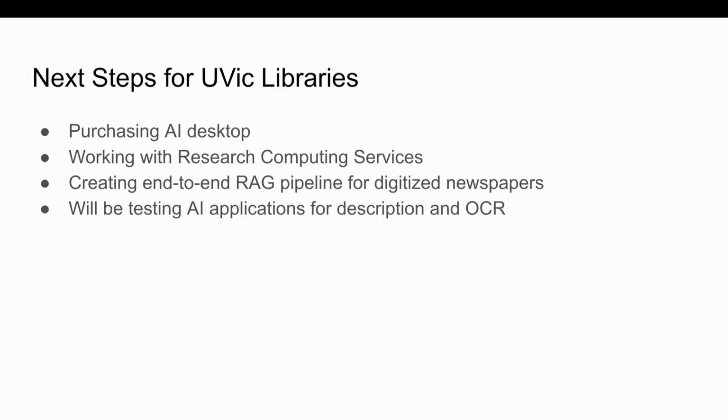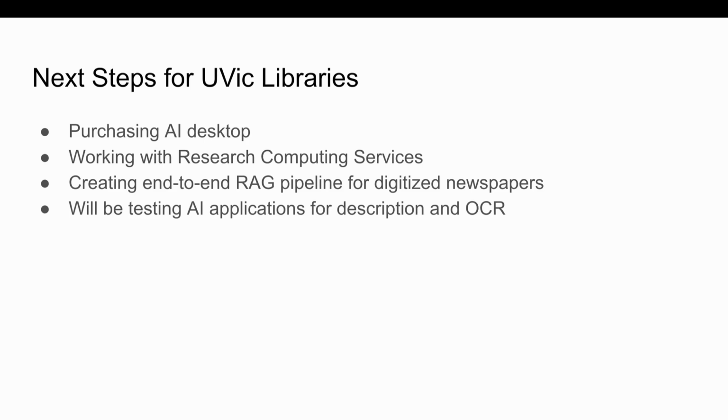We are also working with our research computing services to potentially run some of the models locally on their GPU-enabled hardware. So our machine would be used for the data cleaning, text extraction, embedding, and the vector store. But running the really big open models could happen on more high-performance hardware.